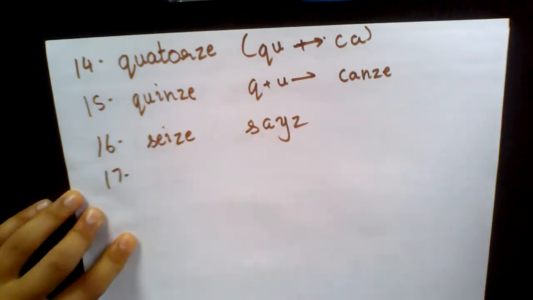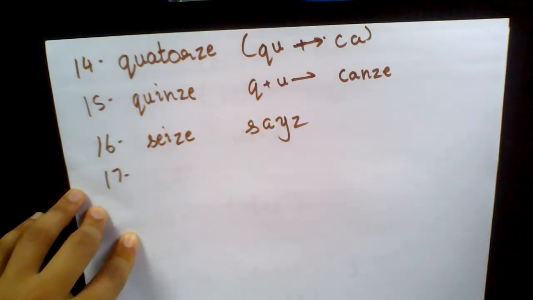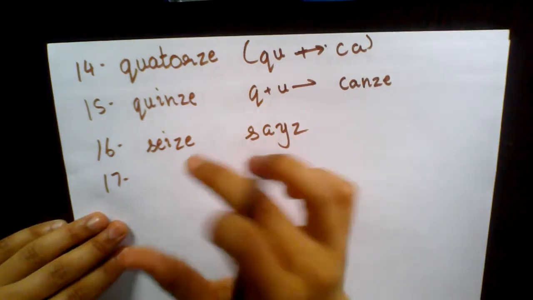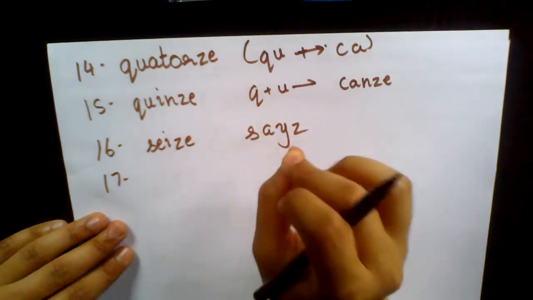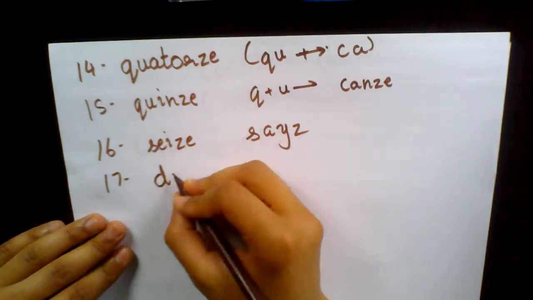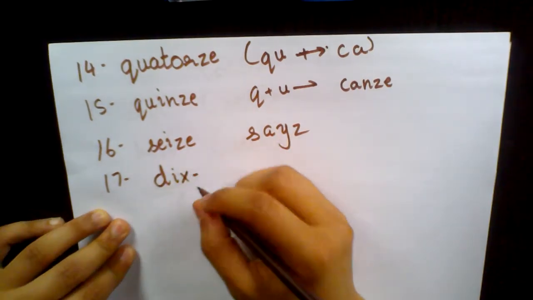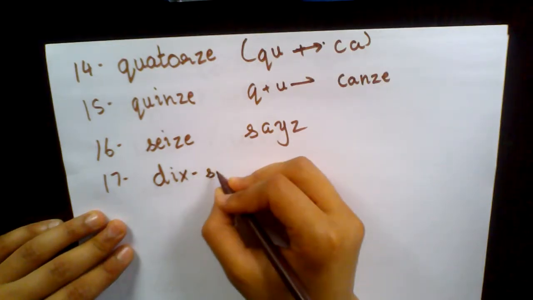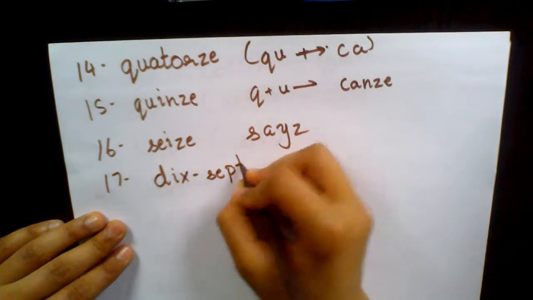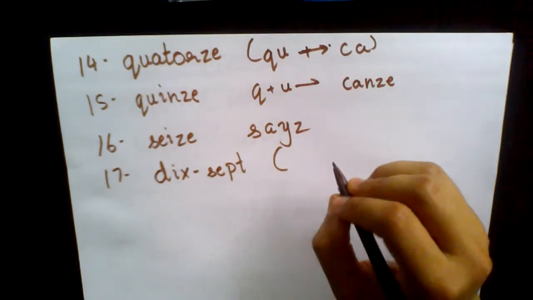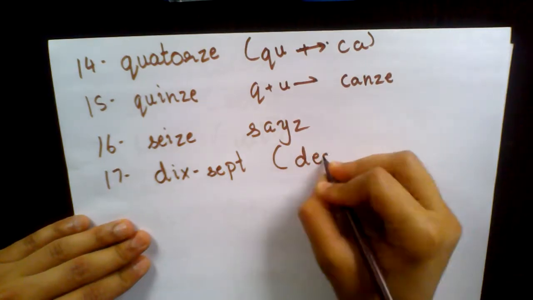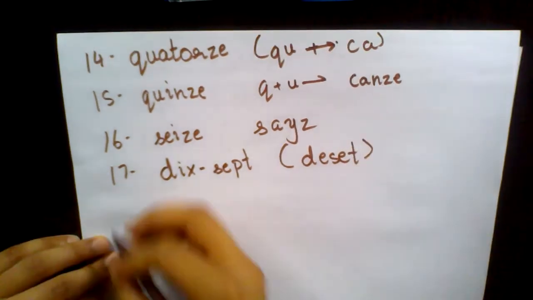Number 17, now it becomes a bit of common sense, as I mentioned to you earlier, that number 10 is dix, and number 7 is sept, which is pronounced as dee-set.